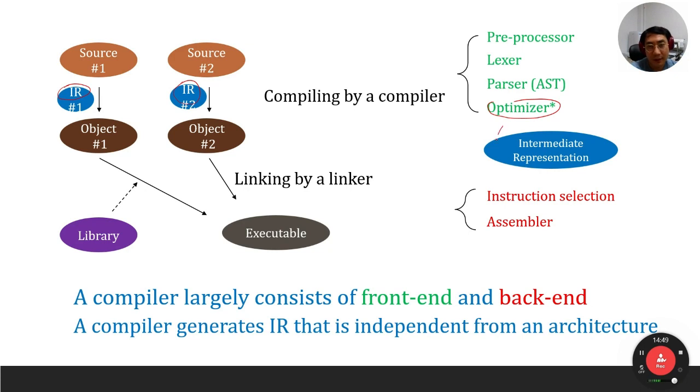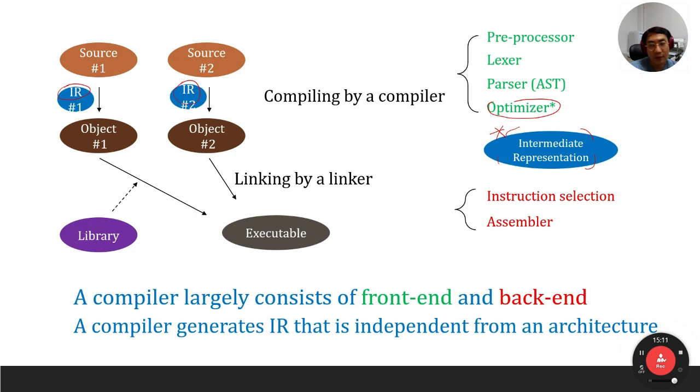This is a very important concept, because the reason why the compiler produces an intermediate representation is that it wants to have an independent back end from the front end.